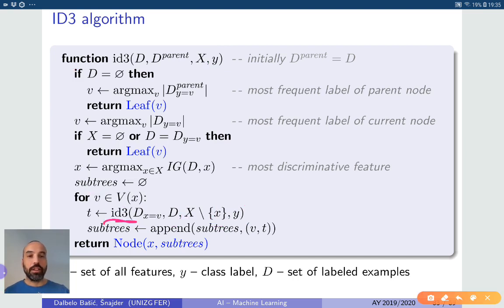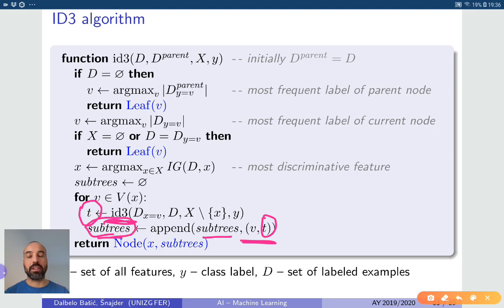Now each of the ID3 calls is going to return a subtree actually, and I'll be collecting these subtrees by appending that tree. Actually, I'll be building a pair here of the value and the subtree so that I have a label on the branch that is leading me to the subtree.